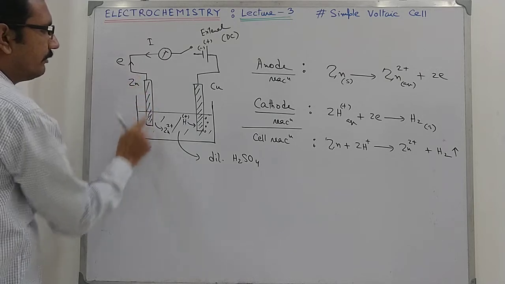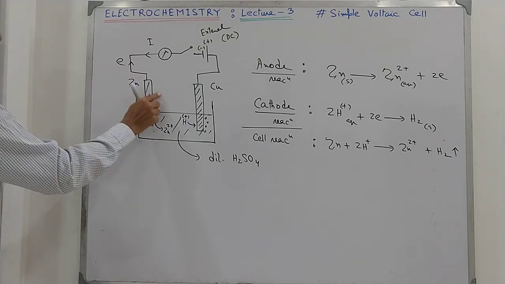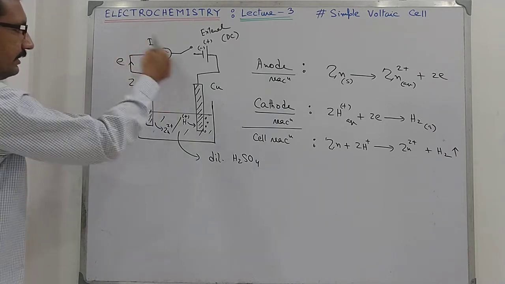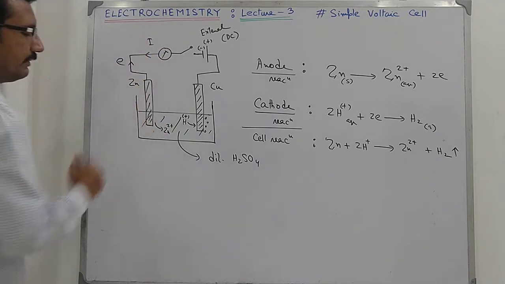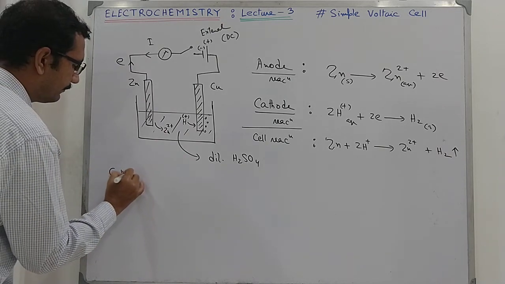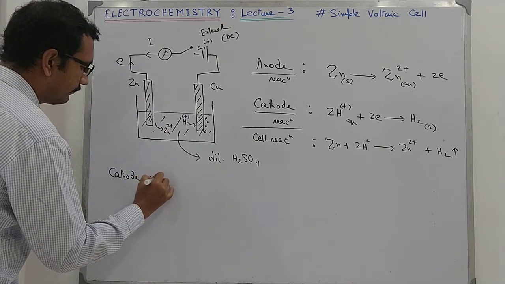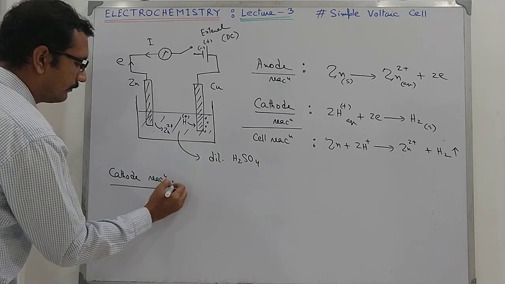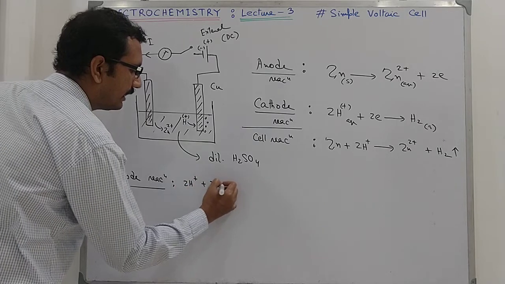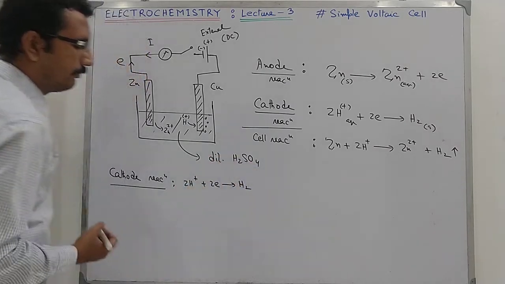So electron will be absorbed in the zinc electrode. So electron will come in this direction and it will come to this electrode. So what will happen? Then the cathode reaction will be 2H+ + 2e- → H2.